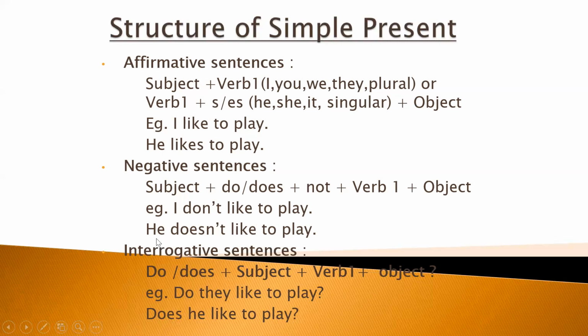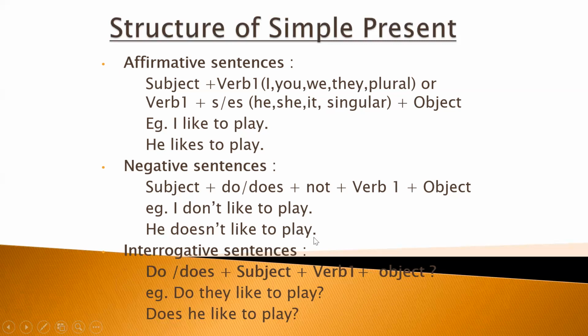Now, see the second case, if the subject is he, she, it or anything singular, in that case we will use does not. So, it will become he does not like to play. Now, these don't and doesn't are short forms of do not and does not. So, see the structure: he is the subject, then does not, then the first form of the verb and then to play.